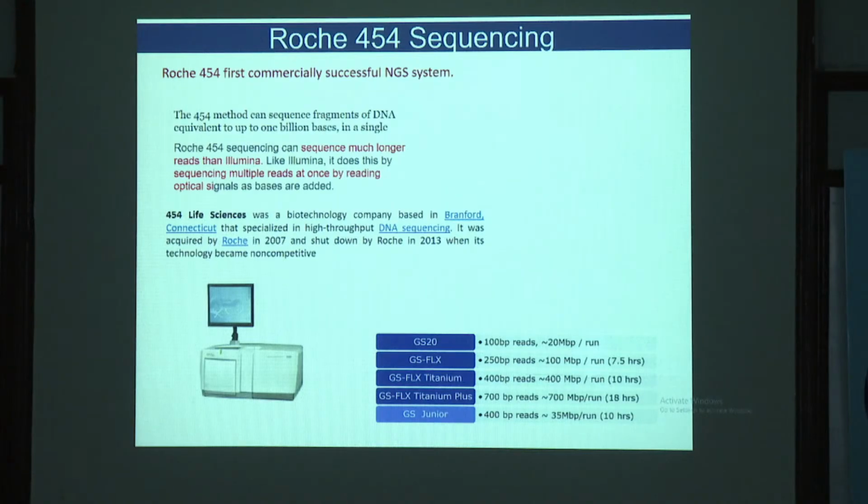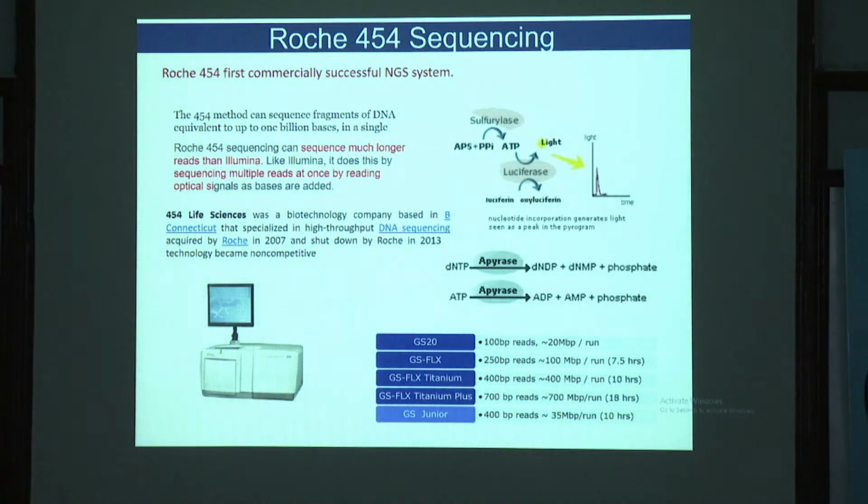Actually it came before Illumina, but in 2007 it was acquired by Roche, and because of non-competitiveness, the hardware and everything for this technology were stopped. It also works on the principle of sequencing by synthesis.